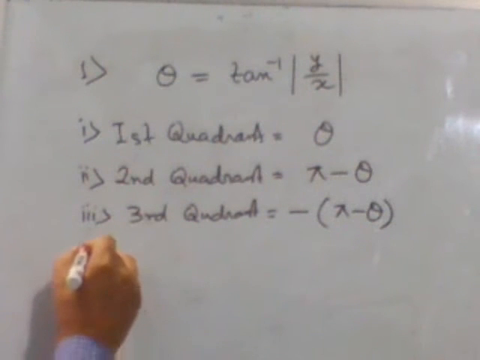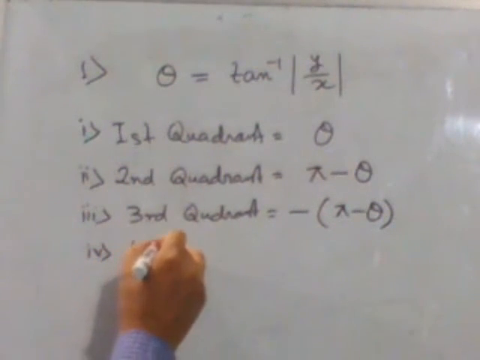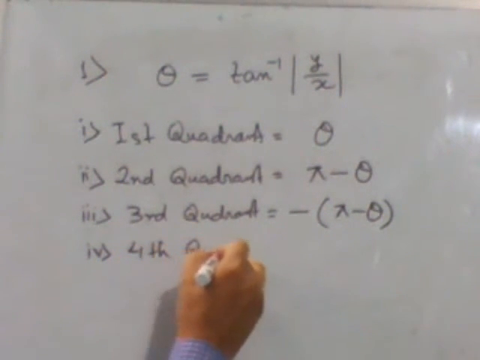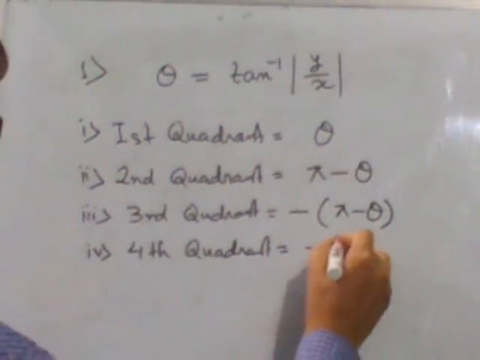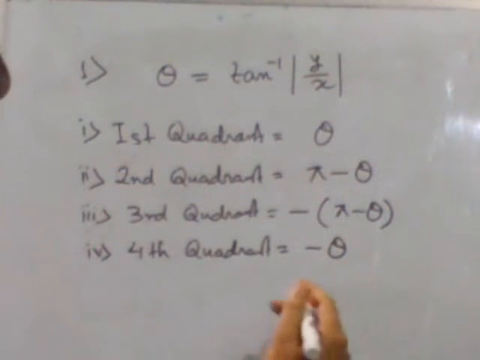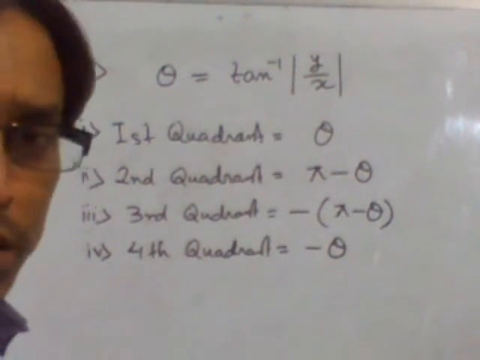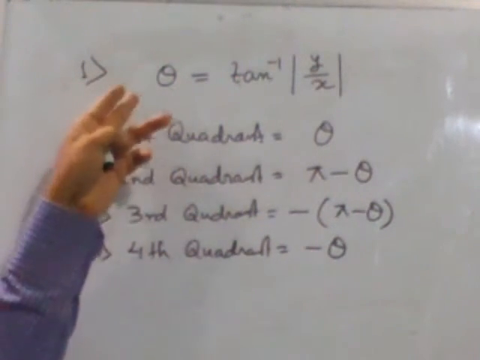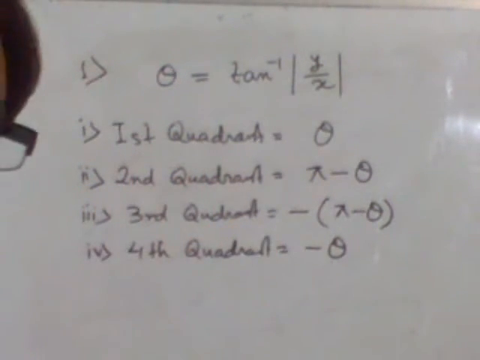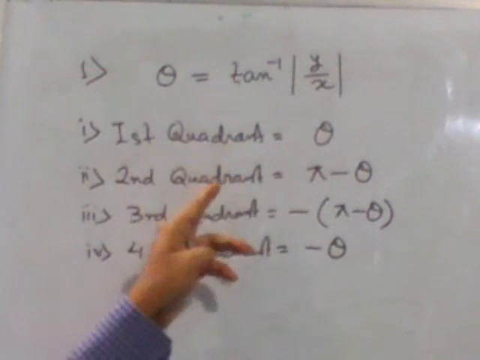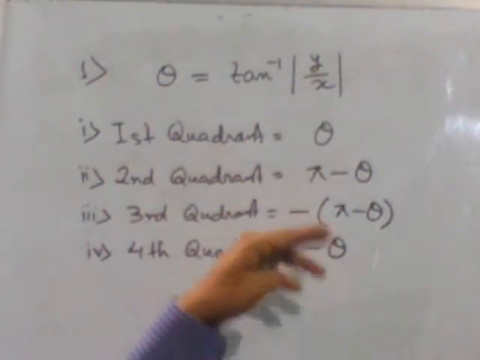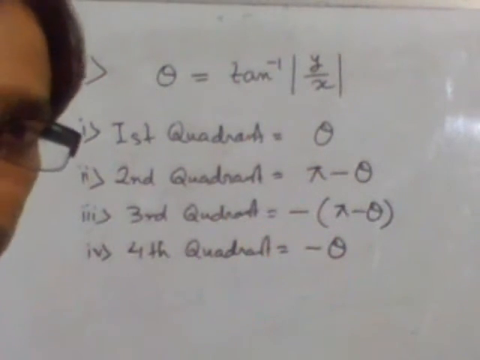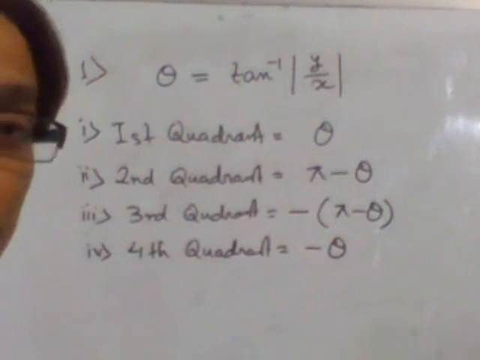And for the fourth quadrant, you take the value minus theta, or you can take 2 pi minus theta, but basically you take just minus theta. So at first you find theta and then you go like this. Remember, in the second quadrant it will be pi minus theta, and in the third quadrant it will be minus within brackets pi minus theta. In this way you can find the argument.